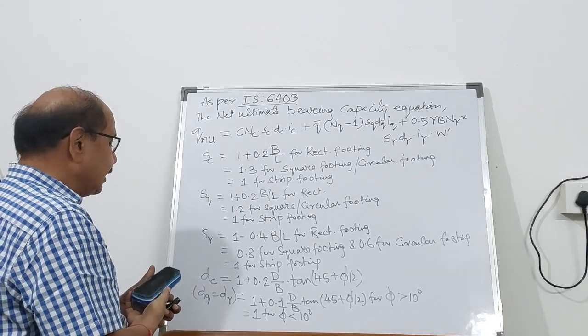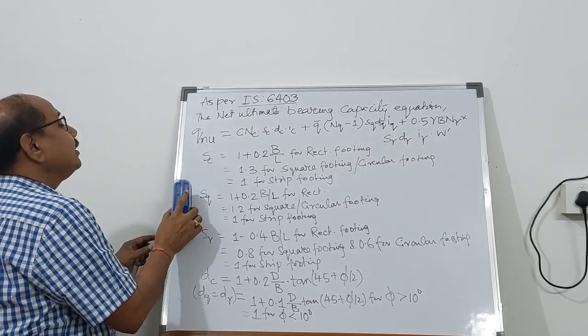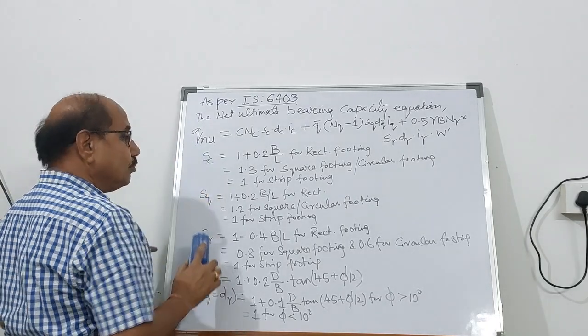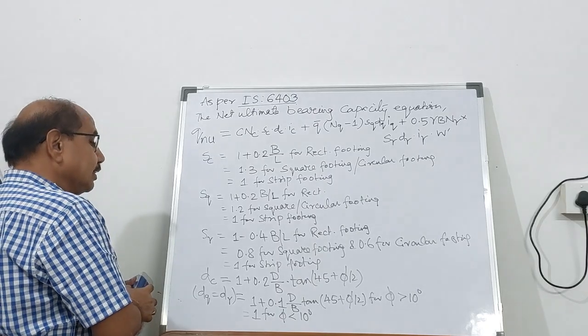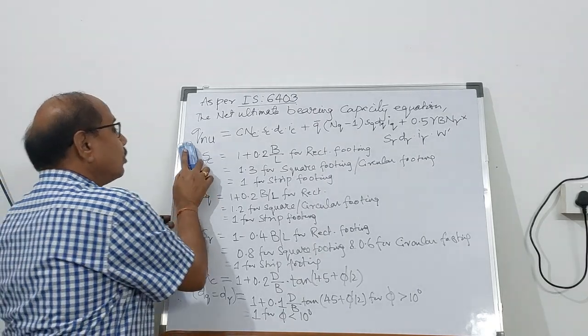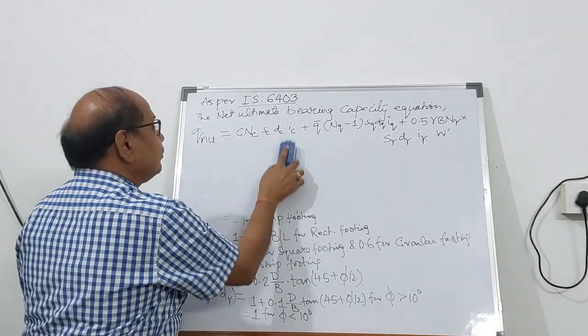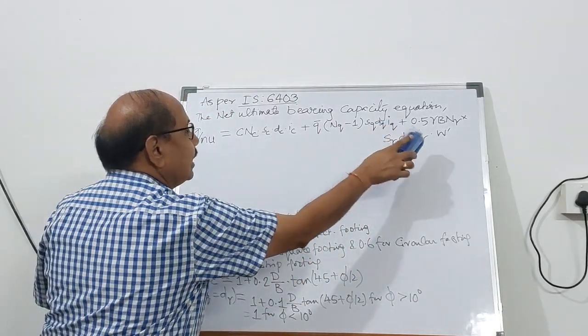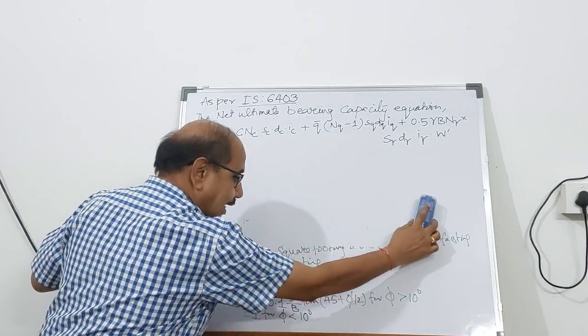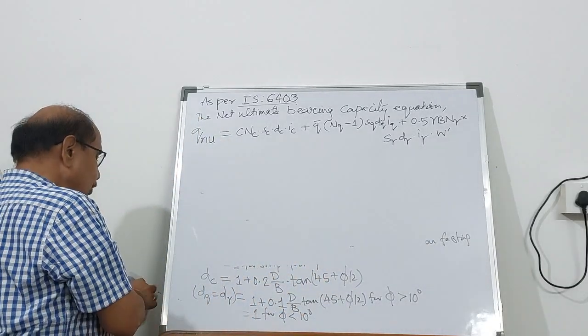Now what about the inclination factor? We can write the inclination factors also: Ic, Iq and I gamma.